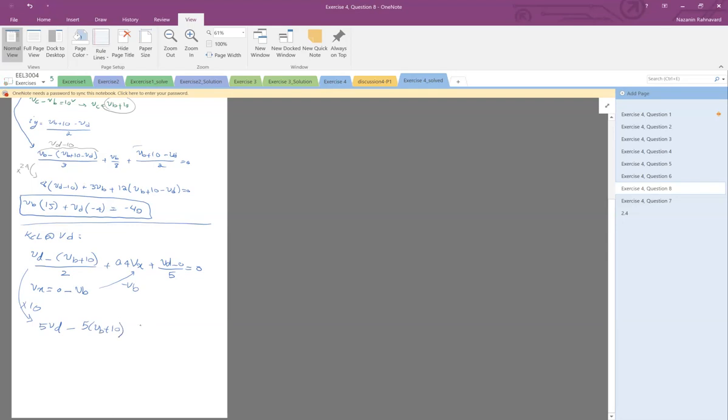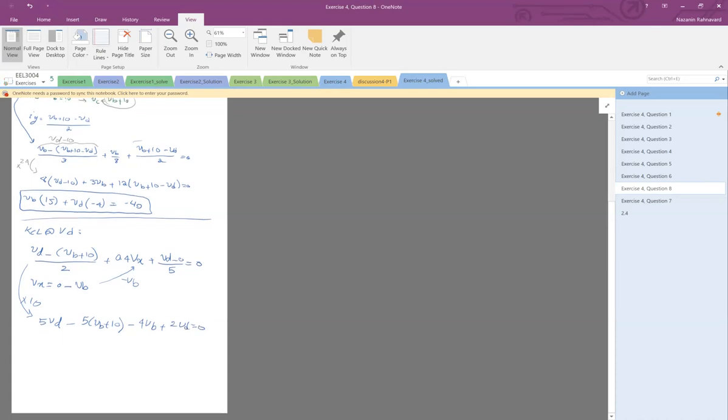And then 10 times 0.4, which is 4, but there's minus VB, so minus 4 VB, plus 10 times that, so 2 VD, equal to 0.